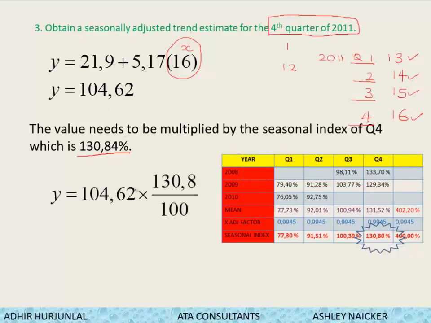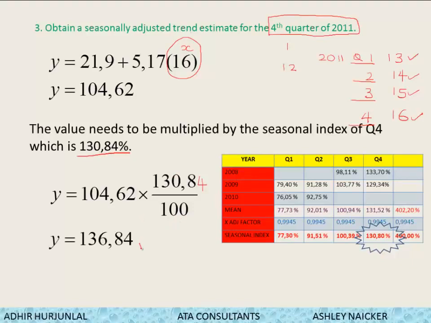I simply take the 104.62. I multiply it by 130.84%, which is 130.8, the 4 is missing, divided by 100. Guys, can you see that? That's percentage per 100. Don't multiply it by 130.84 and decide that is your answer. It's 130.84%, meaning per 100.